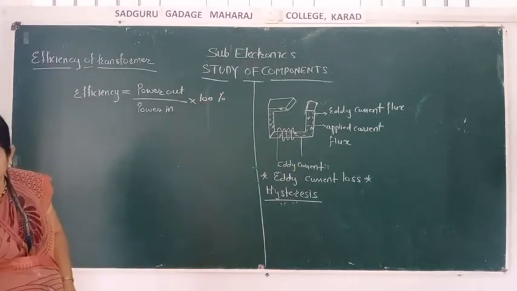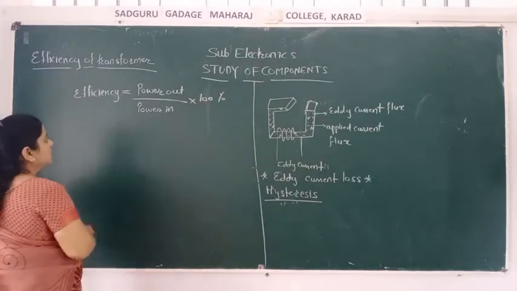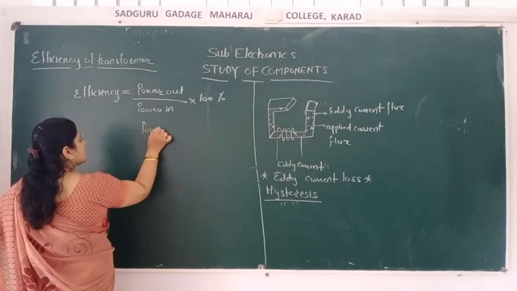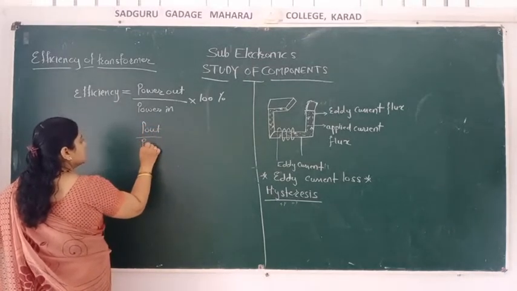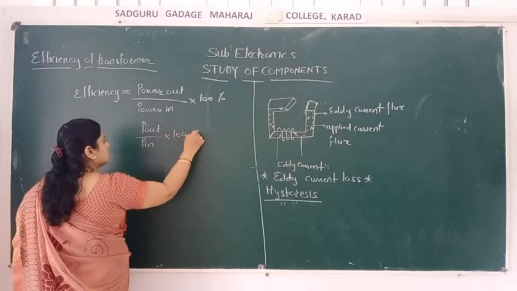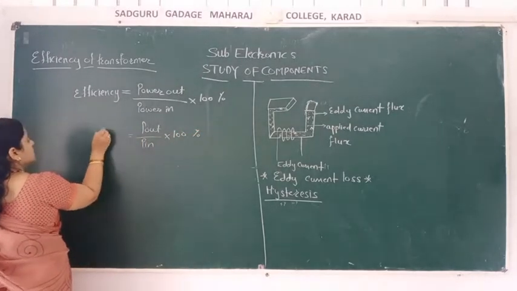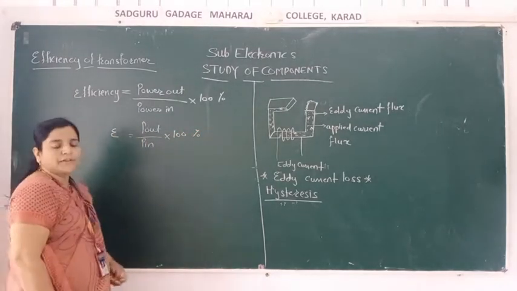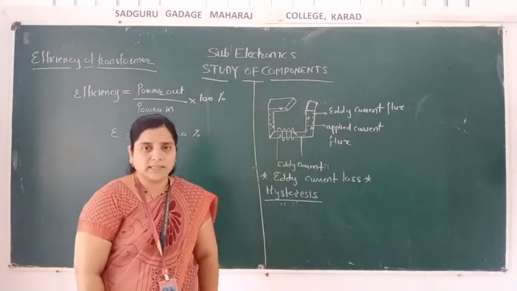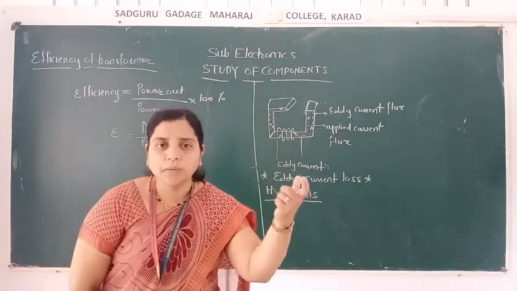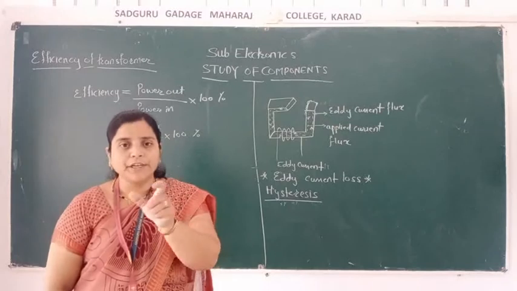So efficiency can be written in this form: P out upon P in into 100% is called the efficiency. How can you define efficiency? Efficiency is the ratio of the output power upon the input power into 100%.